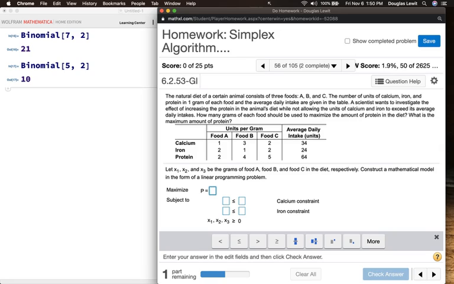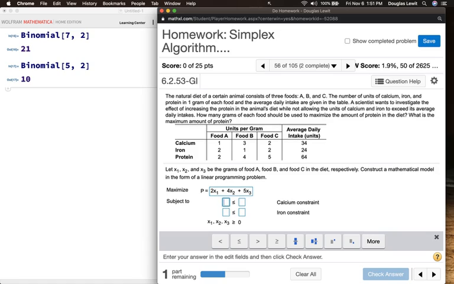These are the coefficients. So 2x1 plus 4x2 plus 5x3. And what are the constraints?